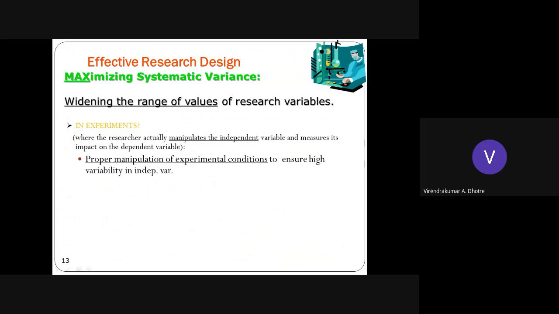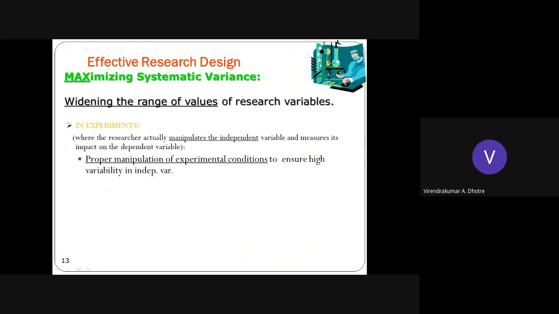So one is maximizing and minimizing. So whatever range you are considering, maybe for positive values or negative values, you go for widening that. If only 10 and 20 samples you select, definitely your hypothesis based on the small samples will not lead you to the better conclusion. So widening the range of values in specifically research variables will be helpful.